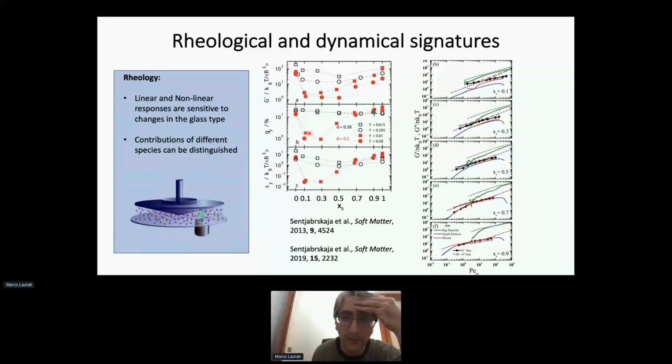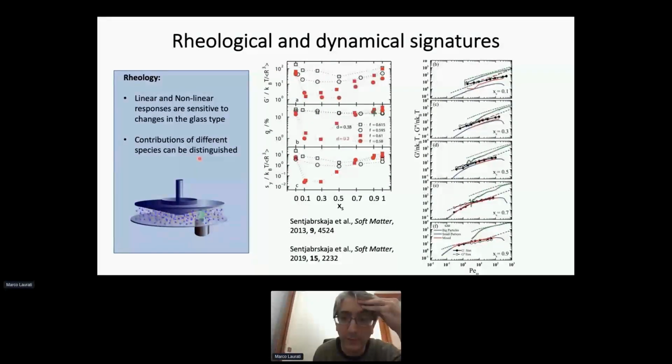And actually, we could also see that rheology is dominated in these systems by the species which is essentially the one caging the other particles, the cage-dominating species in some way.